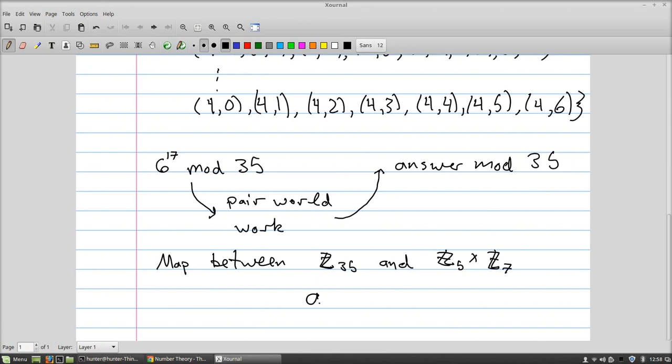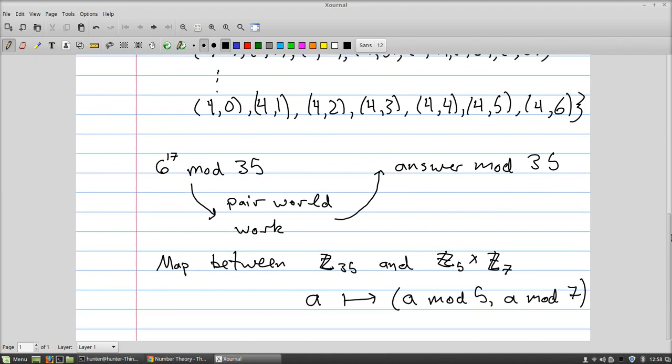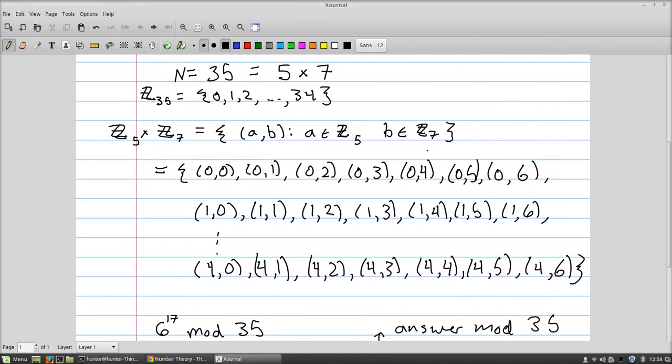It turns out that the simplest thing you can think of actually works. If we take A in here, just any element of this, and we send it to the pair A mod 5, comma, A mod 7, this map has a lot of good properties. For one thing, it's one-to-one. There are obviously 35 elements here, and there are 35 elements here too.